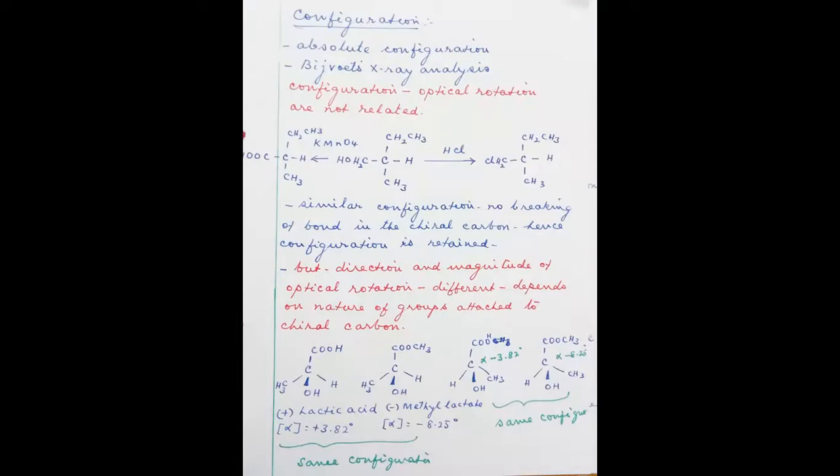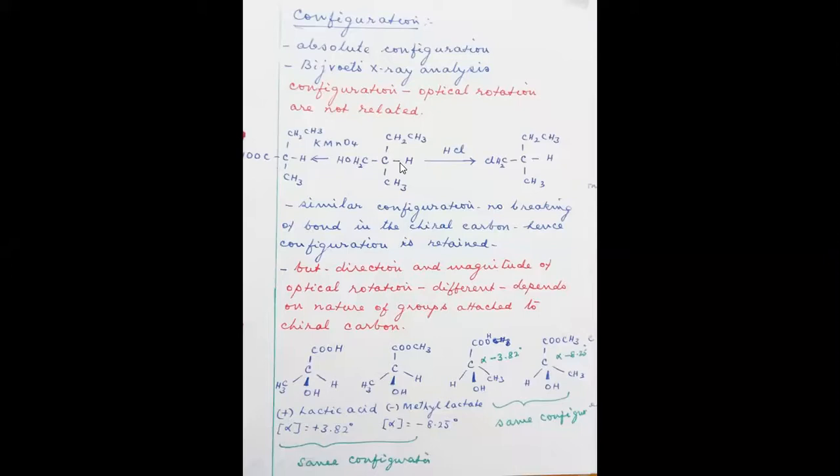They are not at all related. You take this molecule. Look here. Hydrogen, in all the three molecules, hydrogen is on the right hand side. Look here, 1, 2, 3, 4. Here is a CH2OH.